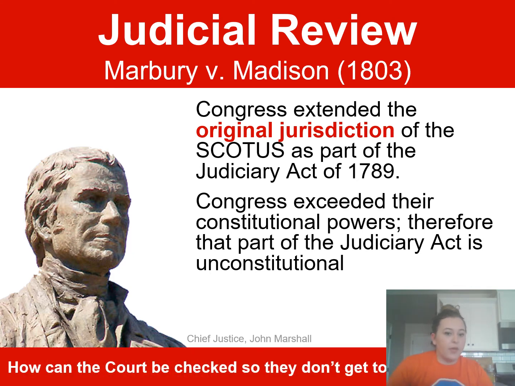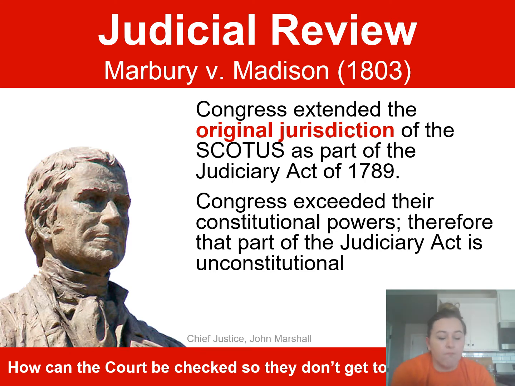Okay, so at the bottom here it says, how can the courts be checked so that they don't get too powerful or too dangerous? There are a few different checks on the judiciary. With the exception of the Supreme Court, or SCOTUS, higher courts can check in on lower courts, right?